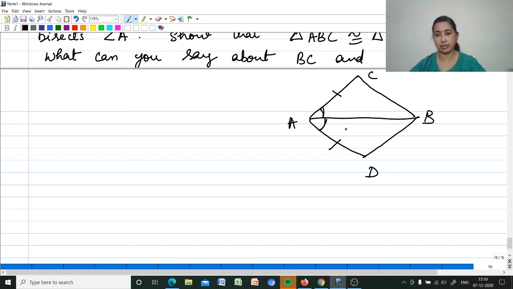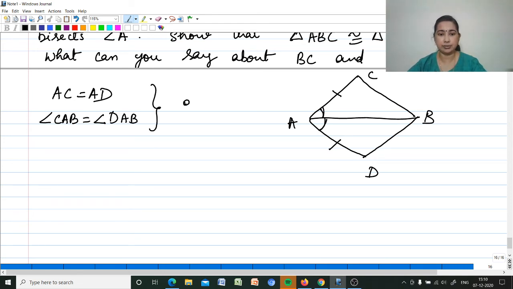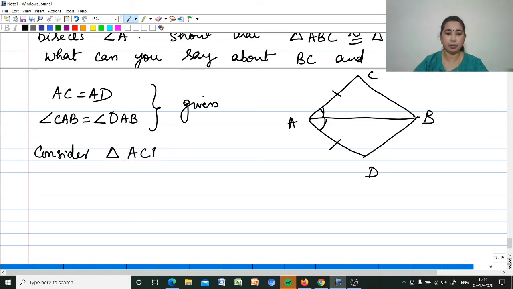How can we say that these two triangles are congruent? So, given things we can write here: AC is equal to AD, and also angle CAB is equal to angle DAB. These are the two things which are given. Now consider triangle ACB and triangle ADB.